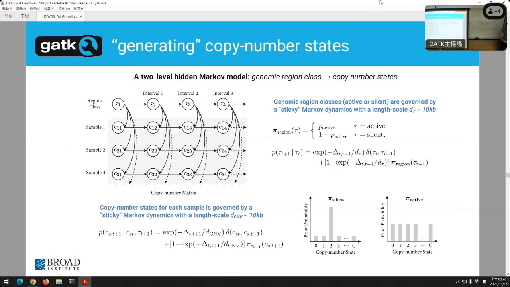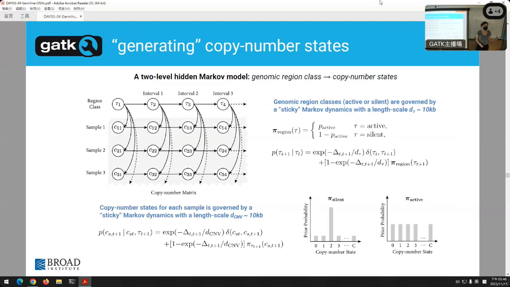Okay, and our copy number matrix, as we said before, depends on the genomic interval class. So we can see on the bottom right, in a silent interval, if our baseline expected copy number for that particular chromosome in that particular sample is 2, then the prior probability of having copy number 2 for that sample at that interval is much higher than the probability of having any other copy number.